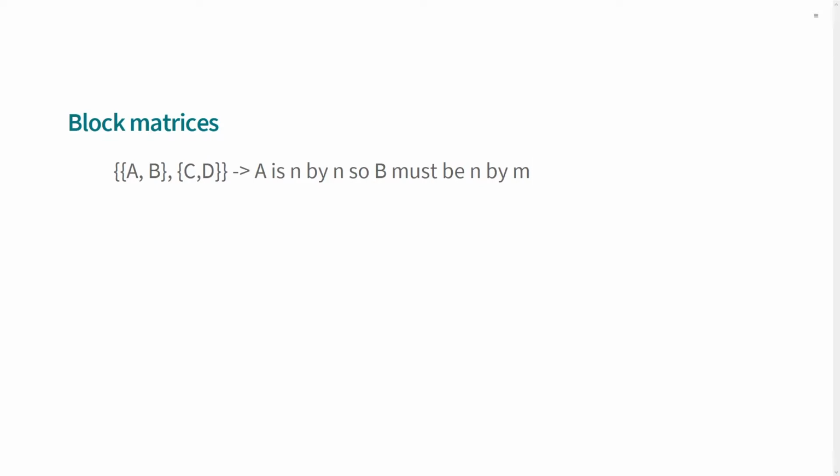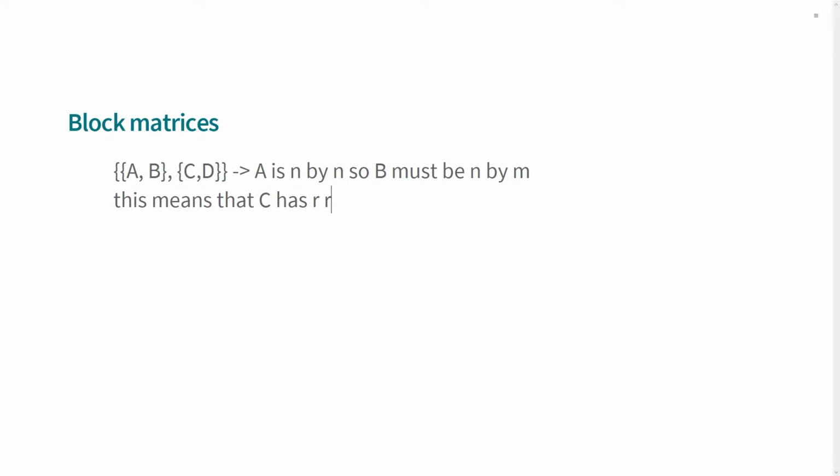So if B is n by m, that tells you something about what the dimensions of D must be. The fact that A is n by n tells you that A contains n rows but also n columns, and B is n by m means B has n rows and m columns. And so C, in this setup, has to have columns that match the number of columns in A. So C had better have n columns.